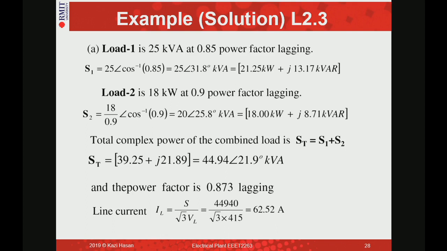And the line current, this is actually the source current, and the equation is S equal root 3 VL IL. This is the total S that we got here. VL is 415, that is given.